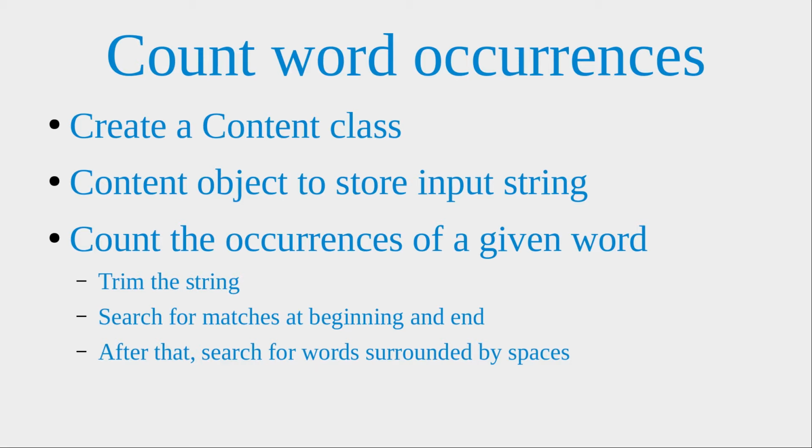After doing so, I'm going to search for the given word in the middle of the substring by ignoring the beginning and the end of the words in the trimmed string. And the condition is that I need to ensure that the given word is surrounded by spaces. Otherwise, I won't count this word as one valid answer.